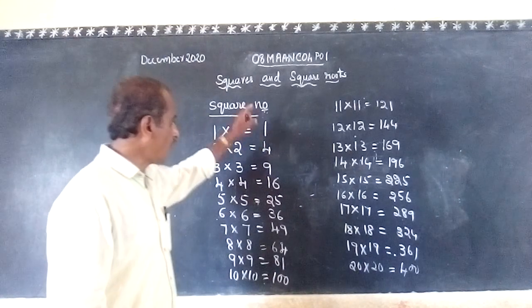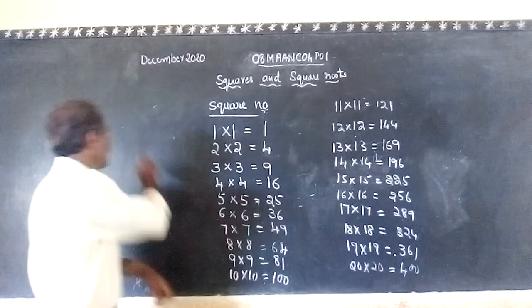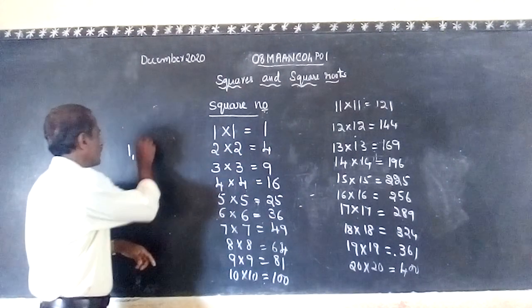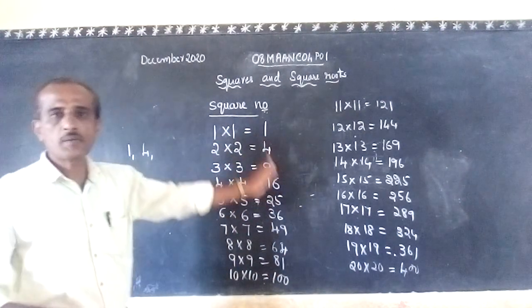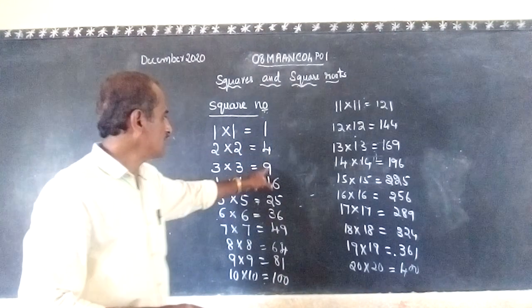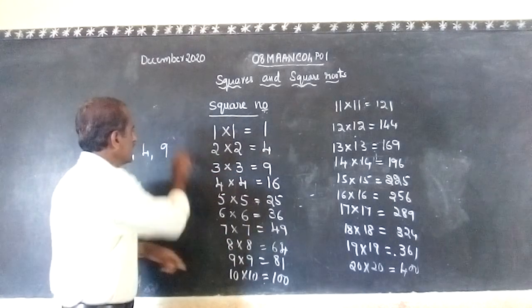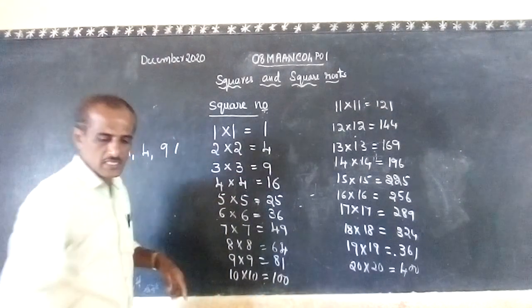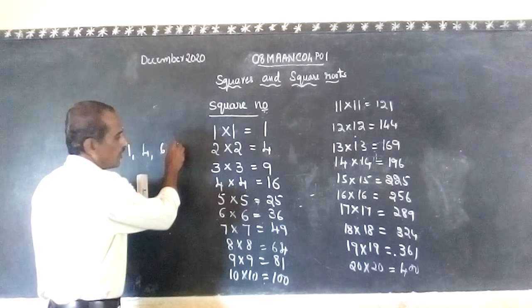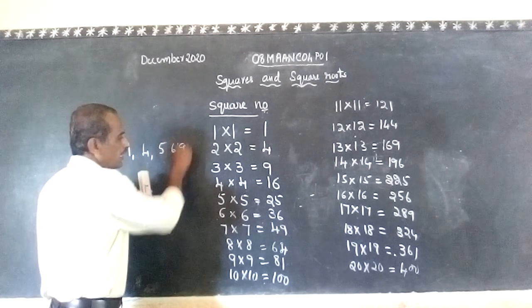If you observe all these perfect squares, the last digit of the perfect squares, here one single digit appears. Now look at this. The last digits end with 1, 4, 9, 6, 9 or 5. See 5, 6, 9.